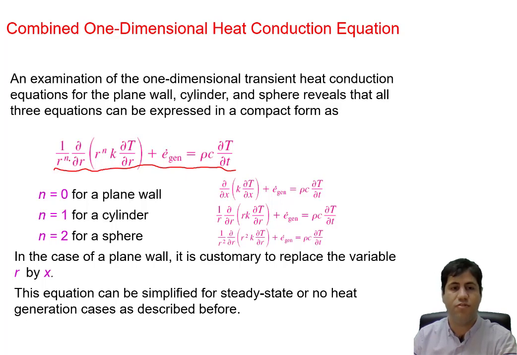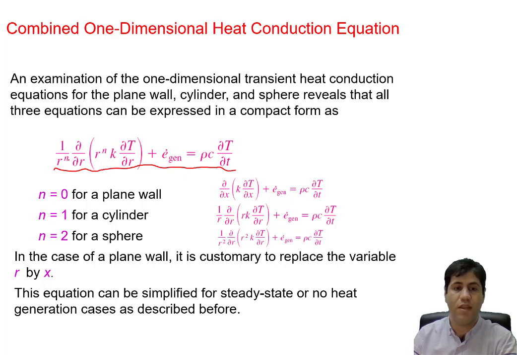If we substitute n by 0, 1, or 2, we can reach the developed equations which you have already seen in the previous slide. If n is equal to 0, we will reach this equation, which is the one-dimensional heat conduction equation for a plane wall.